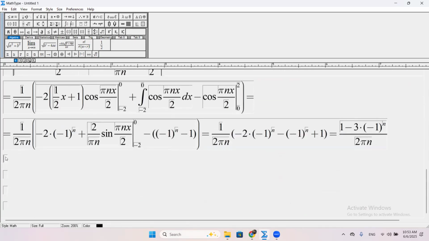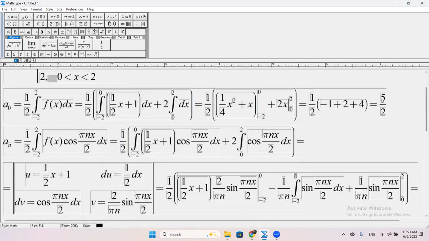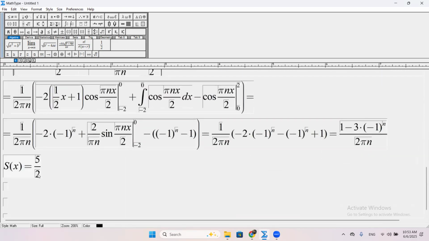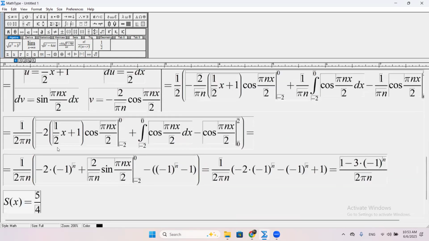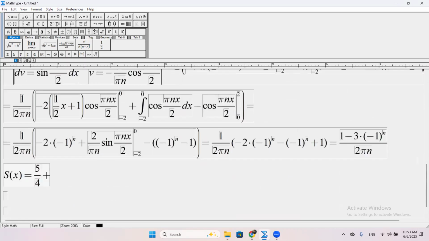So we can write down the sum of the Fourier series. So coefficient A0 equals 5 over 2, and A0 over 2 equals 5 over 4. Then, writing down the sum.